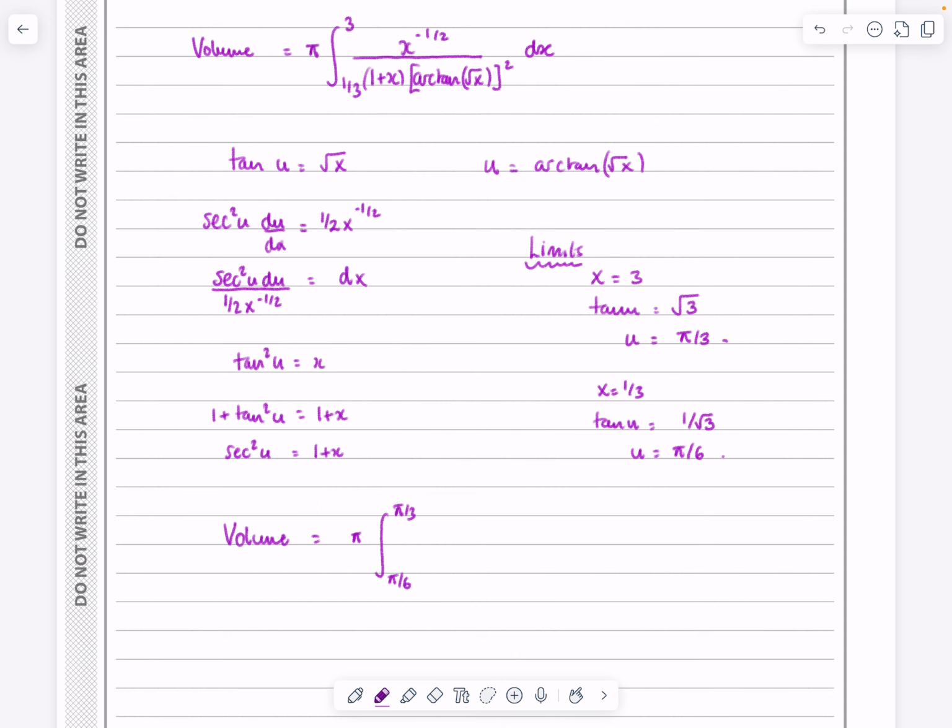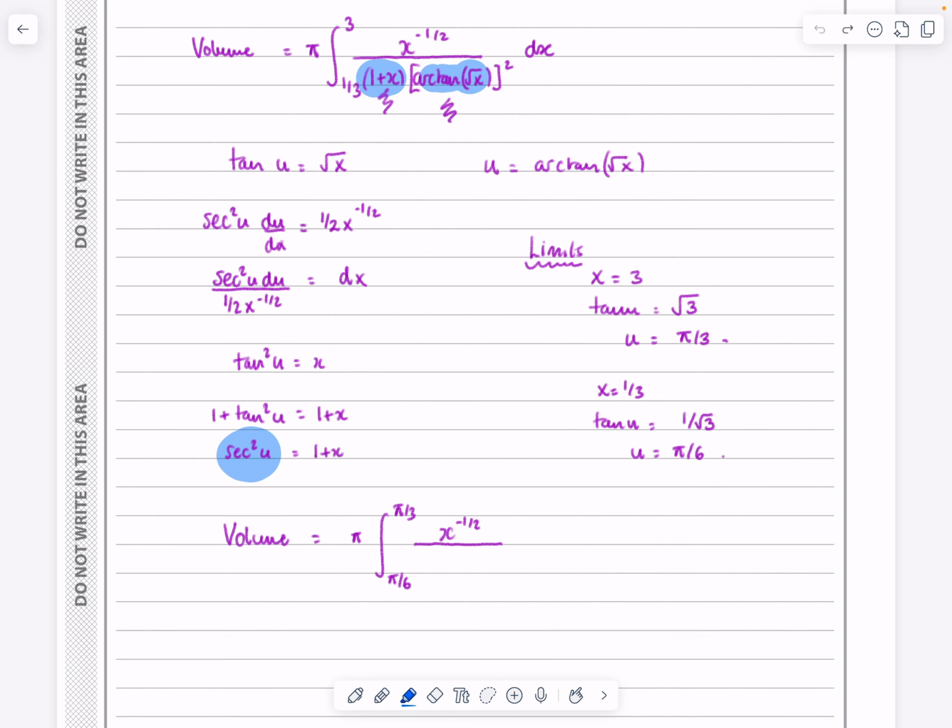And all I'm going to do is write down x to the minus a half, all over. Now, it's up to you what you want to do here. I can replace this, up here, with 1 plus x, and I can replace arctan root x with my u here.